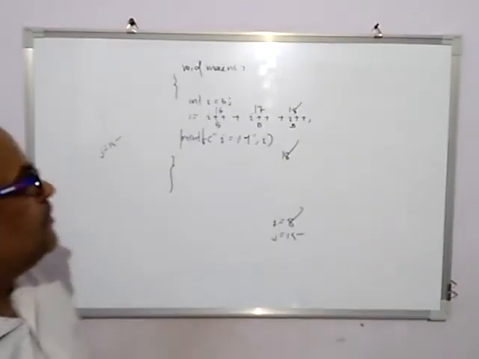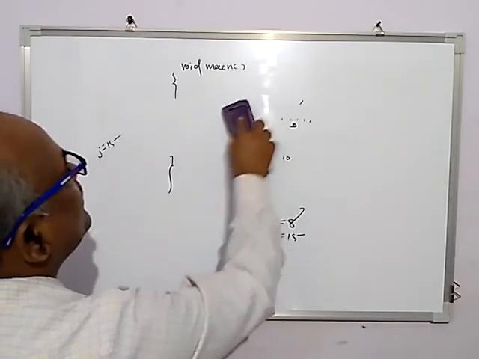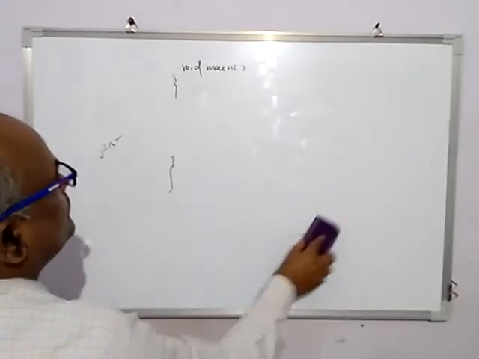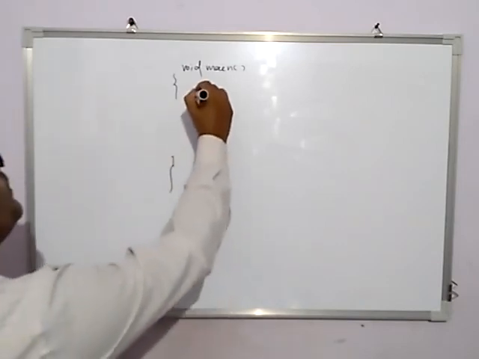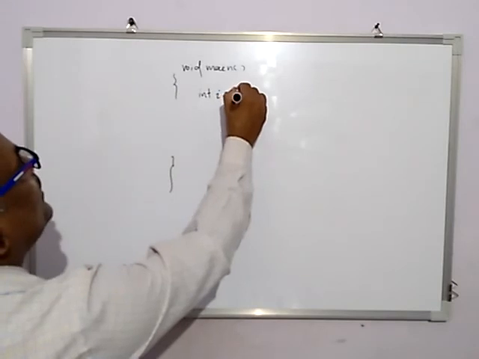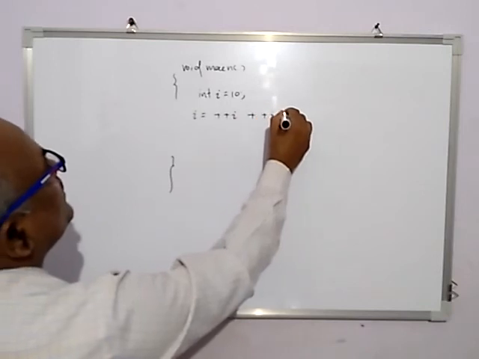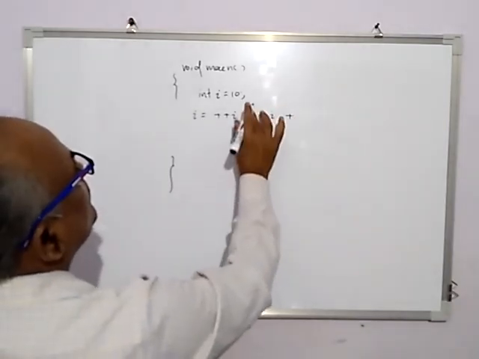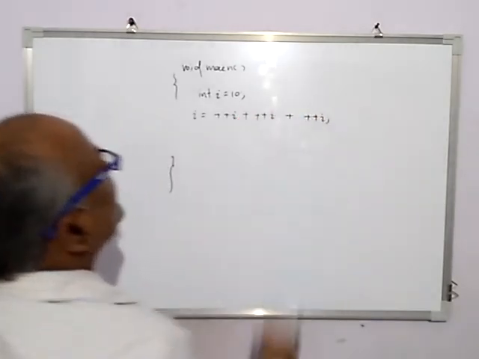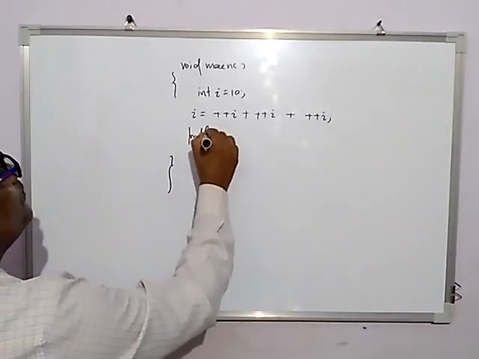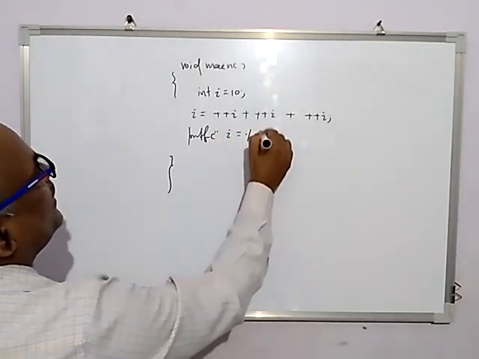Now you see another example. What is the use of the pre-increment operator? Suppose int i equal to 10, i equal to ++i + ++i + ++i. Then printf("i equal to %d", i).